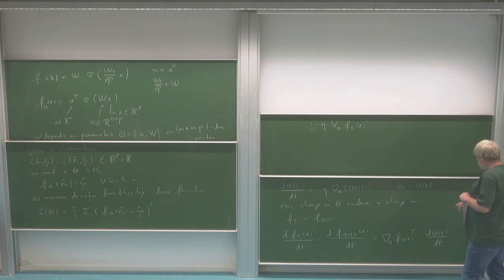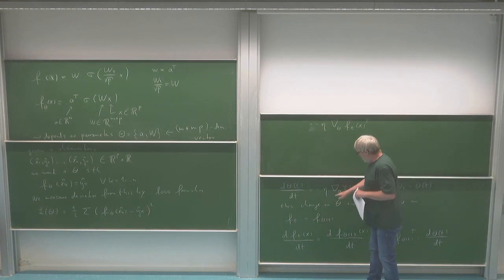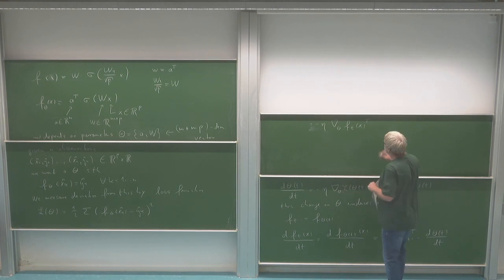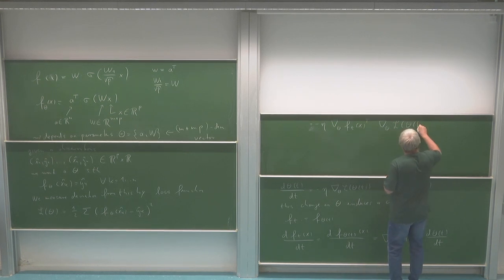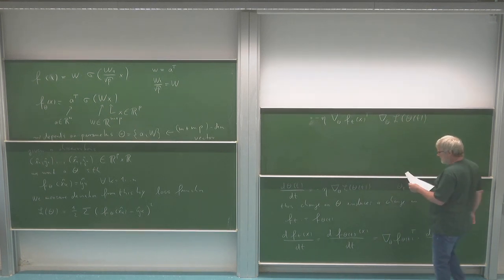And then the derivative of d theta with respect to dt is minus eta times the gradient of the loss, so I have here the gradient of L with respect to theta at the time t.